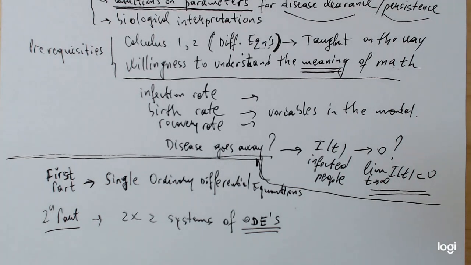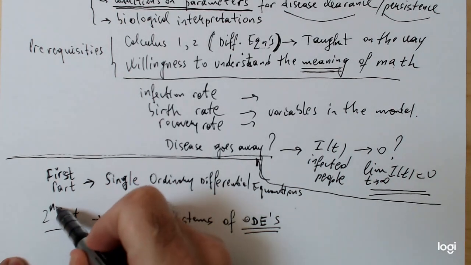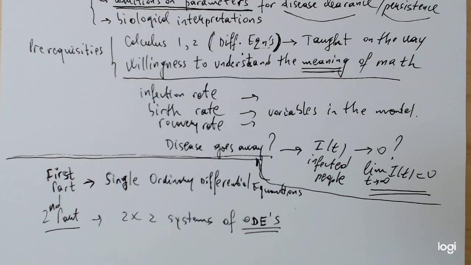So you have a more realistic model. So single ODEs, systems of ODEs, and essentially anything we can do with them in terms of modeling, in particular modeling in the context of an infectious disease.